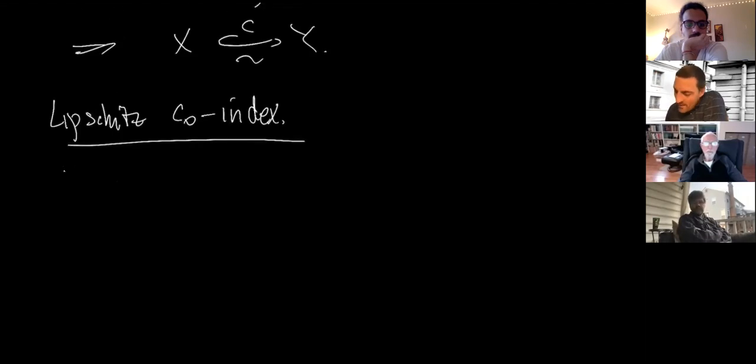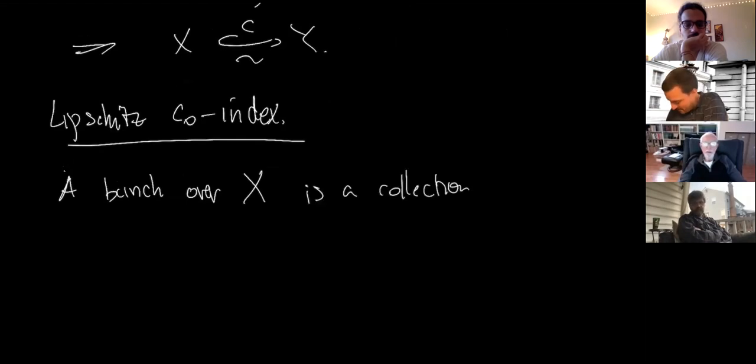So we propose the following solution to this problem. First, you need a substitute for these finite sequences. I will call a bunch over a set X a collection X_F, where F is indexed by the following thing, which I'm going to explain.